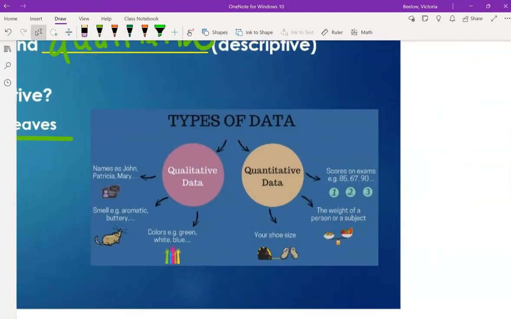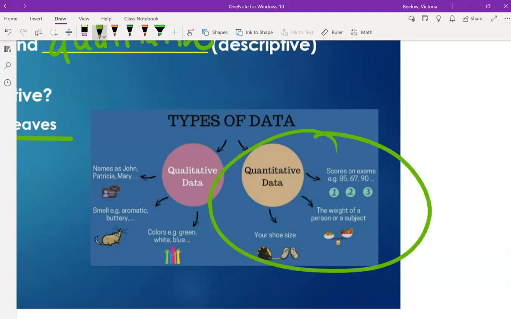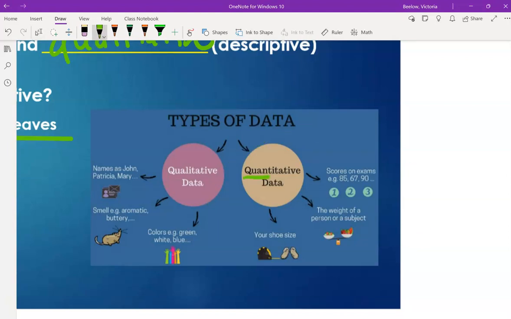Here are some other examples. So again, I always remember it this way: quantitative, I think quantity. I think how much. Versus qualitative, I think of quality. So quantitative, I think how much.